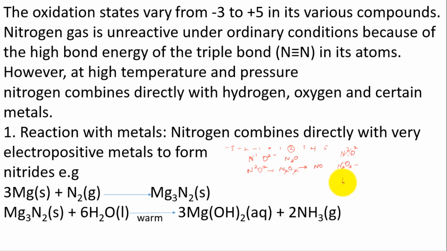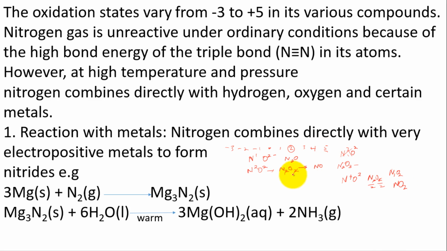Then you can equally form N4O2, which is N2O4. When you cancel this, you have NO2, which is nitrogen 4 oxide.